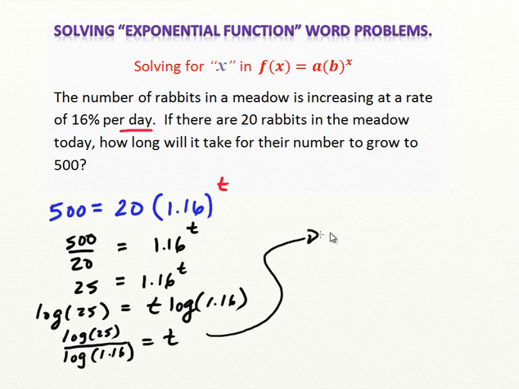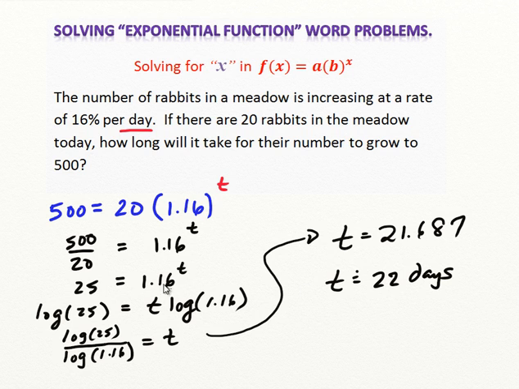If I put that into my calculator, I get t equals 21.687 approximately. I can then round that to the nearest day, so t equals 22 days approximately. That means that after 22 days at a 16% growth rate, those 20 rabbits will multiply into a population of 500.